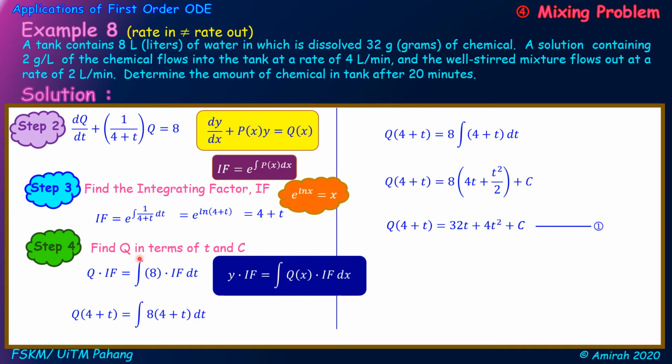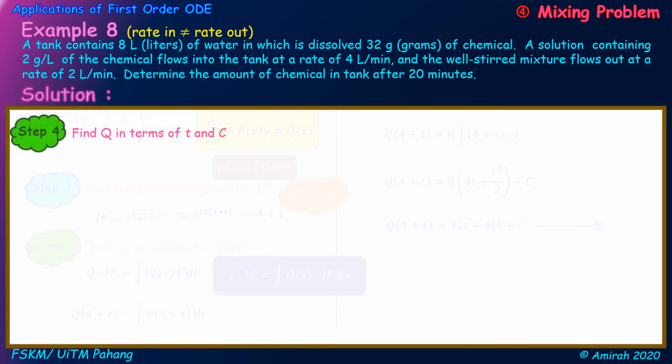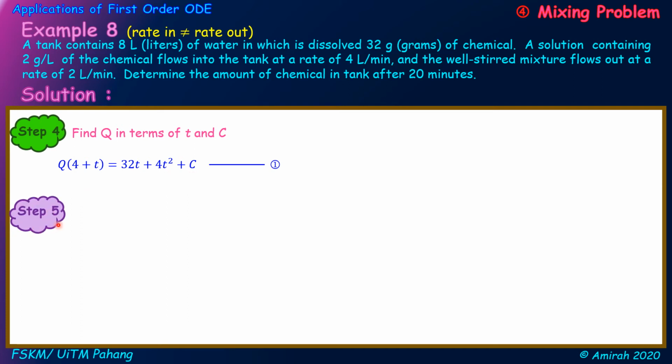So now we have found Q in terms of t and c. From the previous slide, we get Q times 4 plus t equals 32t plus 4t squared plus c, and we name it equation 1. Then we continue with step 5.